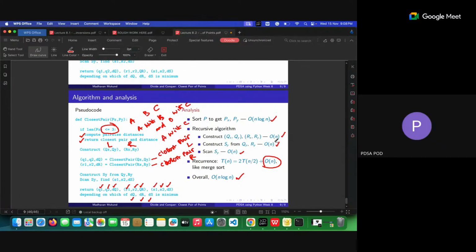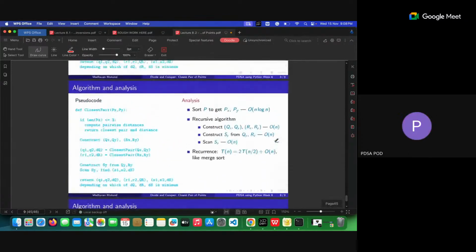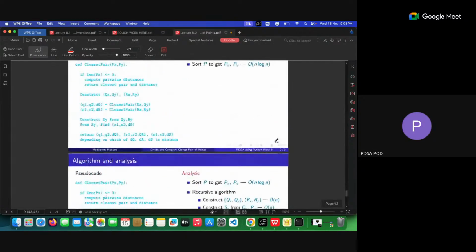Sir, why are we not calculating horizontally? Why only bottom to top? Because horizontally the distance is already calculated. See, horizontally this Q partition and R partition, the horizontal distances between X and X are already done. Is it right? These points are already done. These internal partition distances are already done.